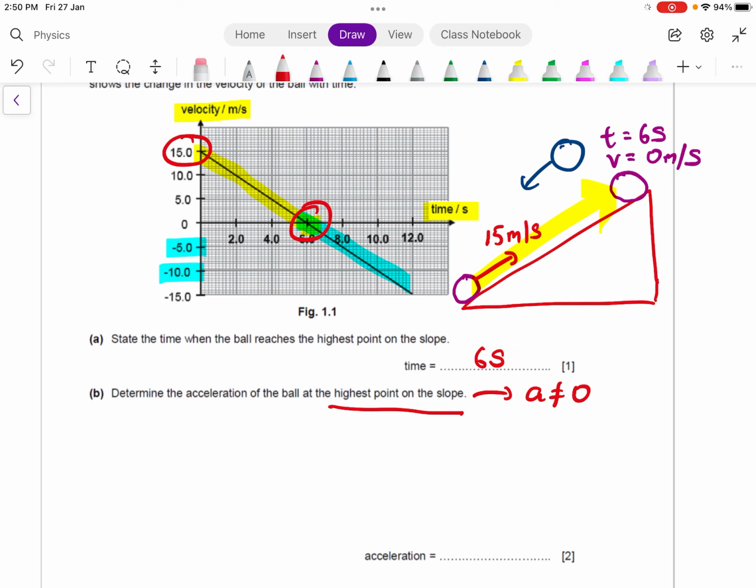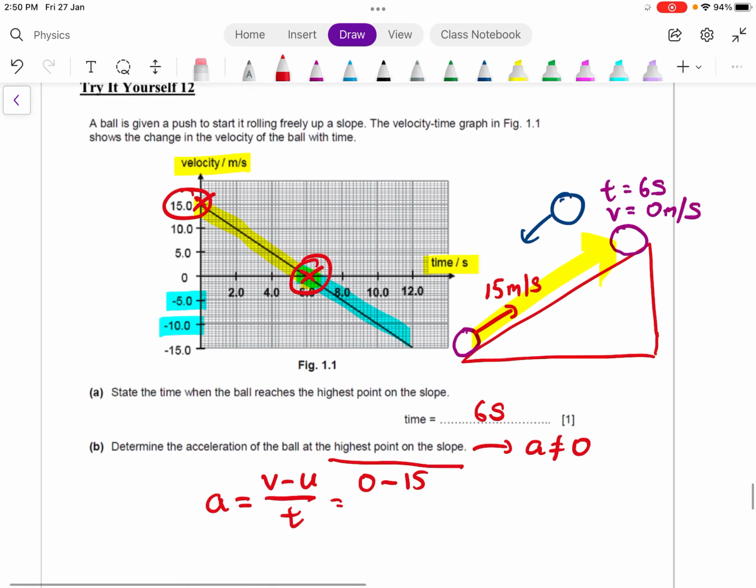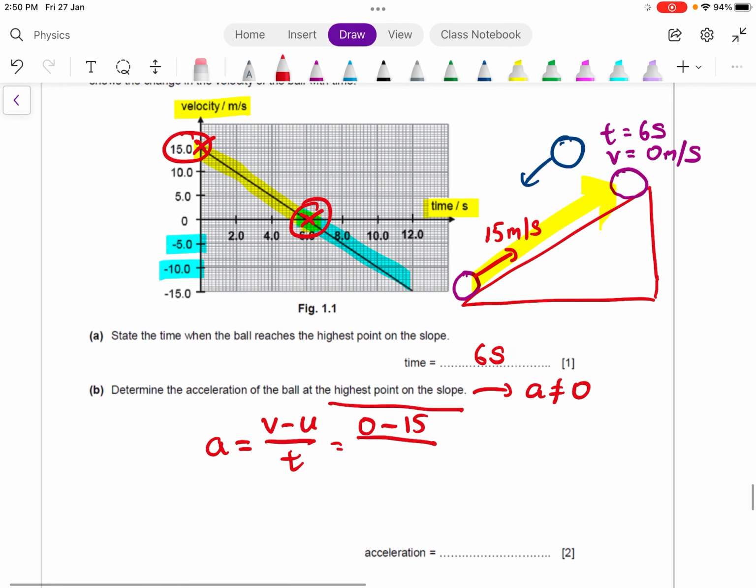So for example, let's just say I use this first part and the maximum point part. You just need to use acceleration equal to final minus initial, divided by time. The final velocity of this ball is actually 0 meters per second, then you minus the initial velocity, then you divide by the time taken.